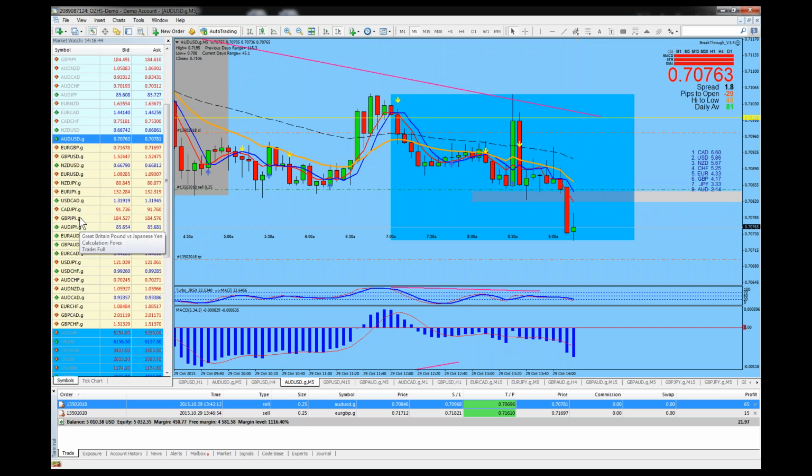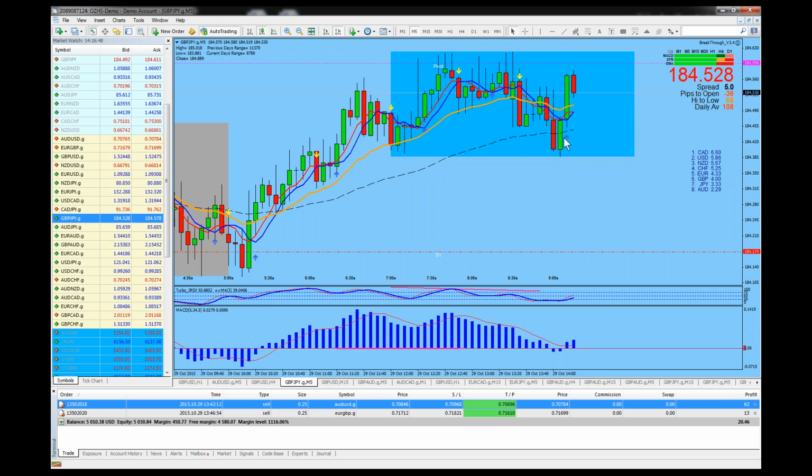And I wanted to take a look at the pound yen. Okay, pound yen looks like it could give us a little something. It does have some room, but it needs to break this pivot. So for me with pound yen, let me just do some math here.